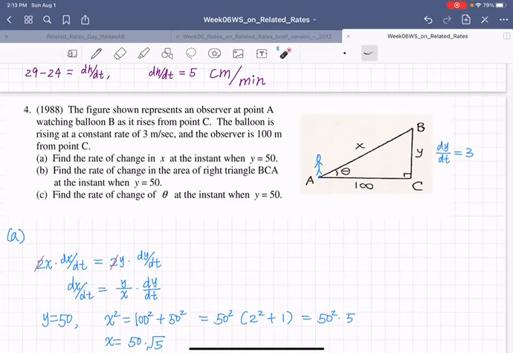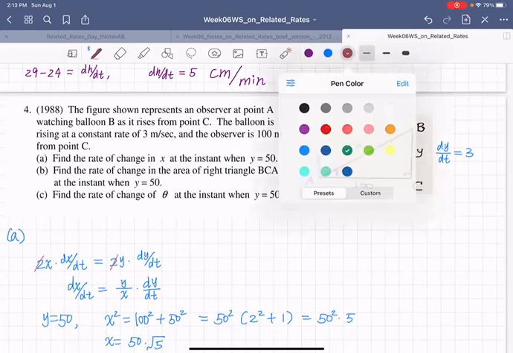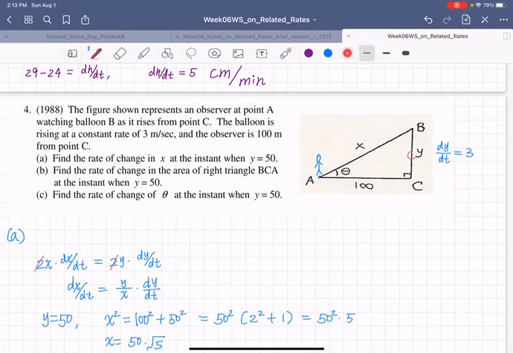The balloon is in this position, so I'm going to draw a red balloon. The balloon is rising up. This guy is watching the balloon. The balloon rises at a constant rate of 3. What does this mean?